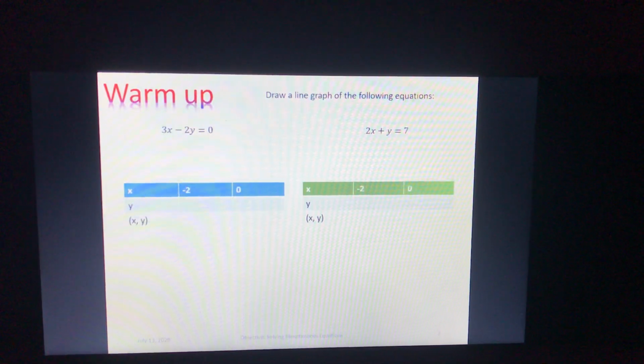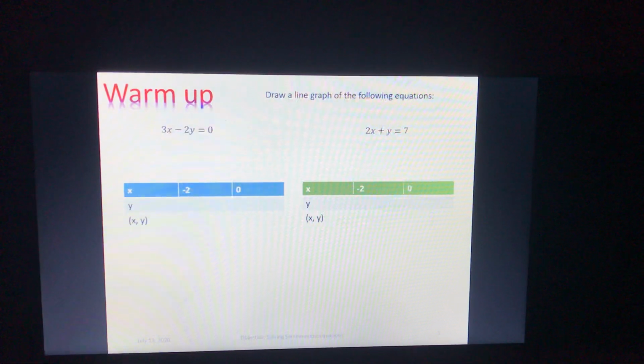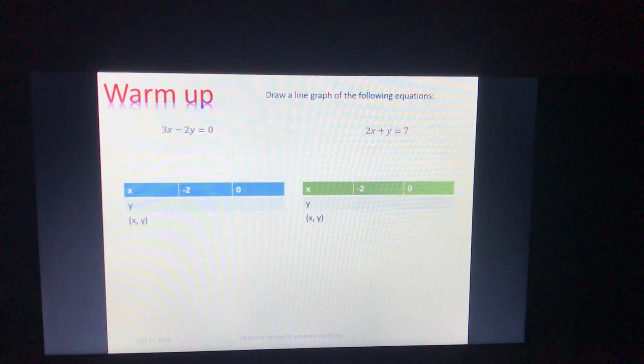Let's take the following values of x, though you can take any values of x that you like. But I chose here -2 and 0 for the first equation and -2 and 0 for the second equation.